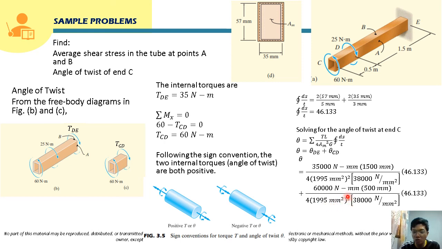Don't forget to square that also, times the same modulus of rigidity, 38,000 Newton per millimeter squared. And the line integral ds over t is also the same, which is 46.133. From here we can now compute the angle of twist. Solving for the angle of twist, this is equal to 0.006291 radian. This will now be the answer for part 2 of this problem.